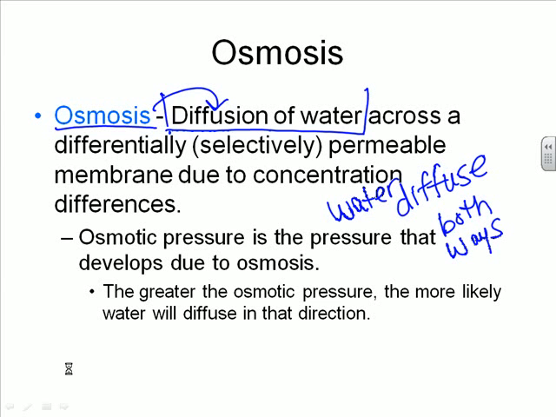And then the water inside the cell, if highly concentrated, can turn around and diffuse out of the cell. Water is going to go in both directions. It creates a pressure referred to as osmotic pressure. And water moves in the area where osmotic pressure is the greatest. If osmotic pressure is the greatest, water is going to diffuse in that direction.